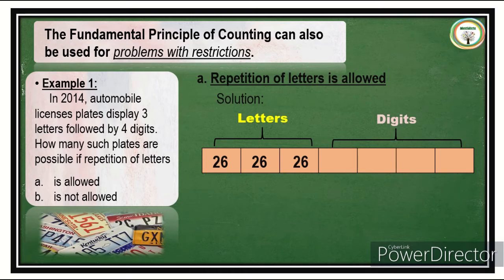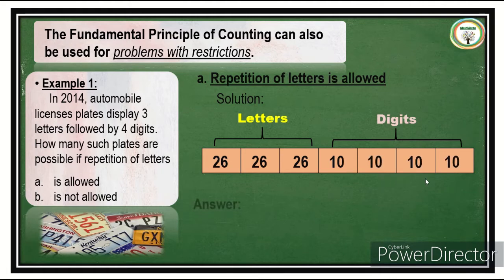Then for the remaining 4 characters, we will be using digits. So wala namang conditions para sa digits. So ang ating pagpipilian ay from 0 to 9. Therefore, we have 10 choices for the digits. So on our 4th character, we have 10 choices. And for our 5th up to the 7th character, meron din tayong tigsa 10 choices.